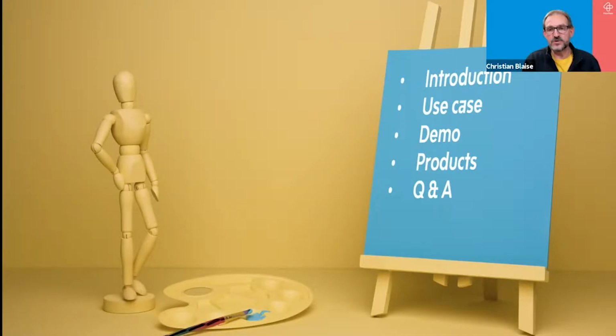I will talk about the use case I'm going to cover today. I'm not going to present the whole product, but really talk about a specific use case. I'll show you the demo of that use case, and then we'll get back to the different products that have been used there and that are available in that product range. And then we'll have the question and answer session.